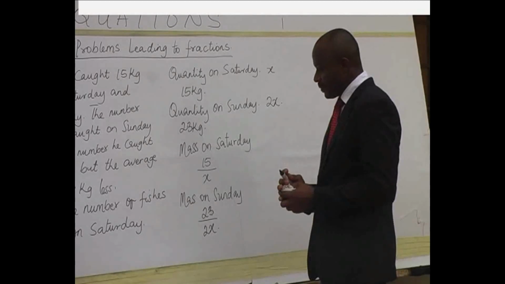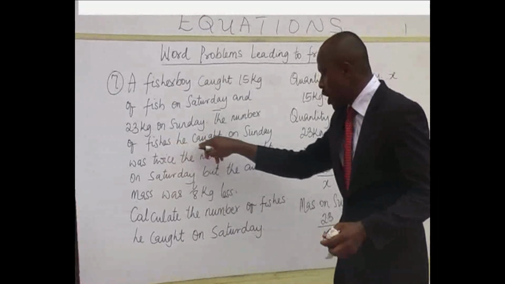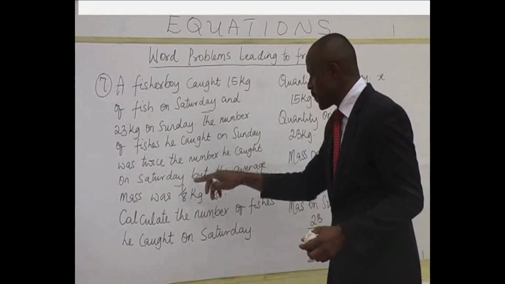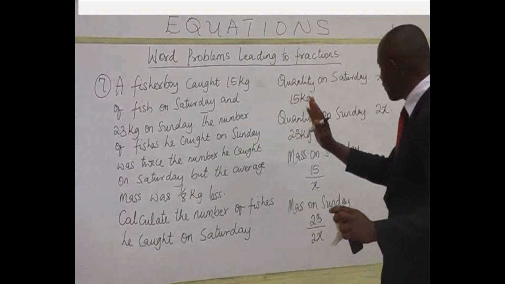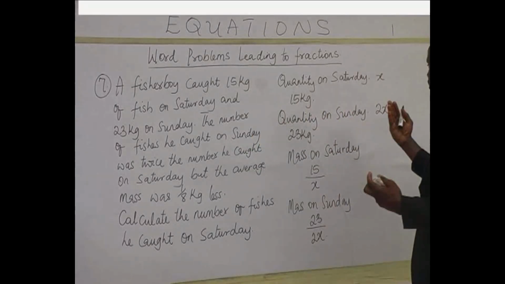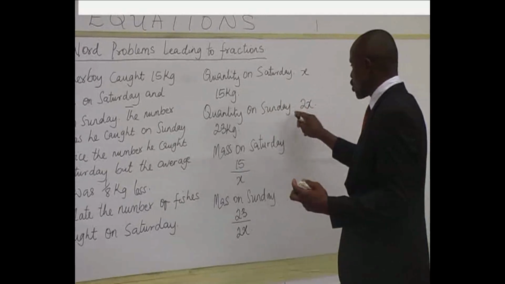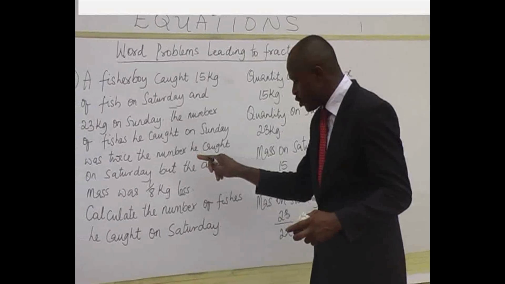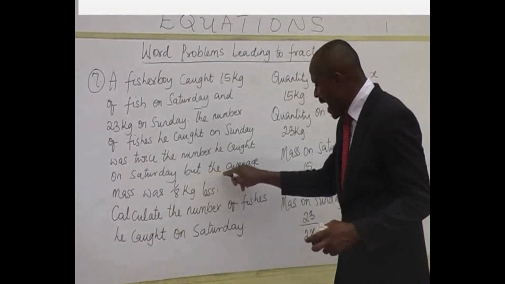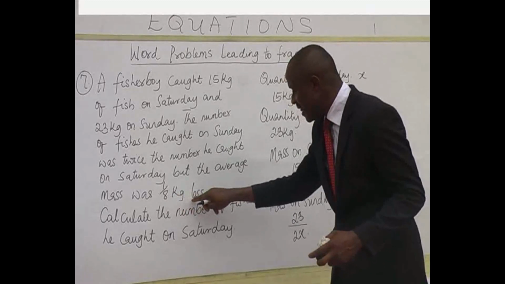Now, look at this question again. The number of fishes he caught on Sunday was twice the number he caught on Saturday. That has given us the sense from where we got that X was caught on Saturday and 2X was caught on Sunday. But it didn't end there. There's another sense that should be developed. But the average mass was 1/8 kilograms less.